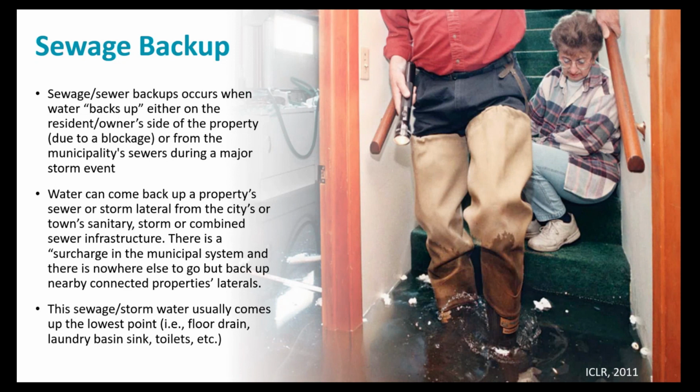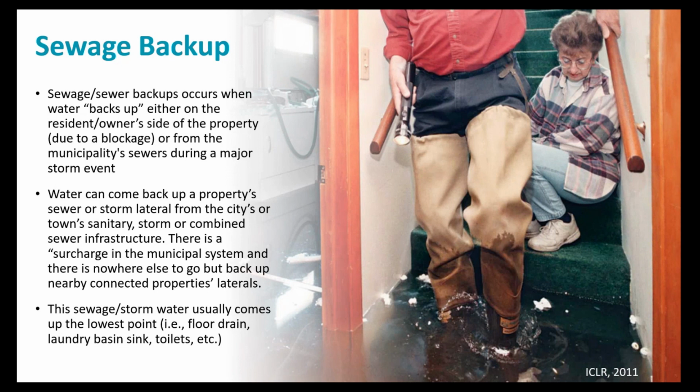This occurs generally when there's a combined sewer overflow caused by both the storm sewer and the sanitary sewer being combined together and surcharging during a major urban flooding and heavy rain event, causing it to back up a residence or business's sewer lateral.